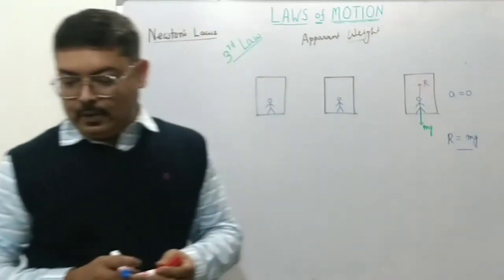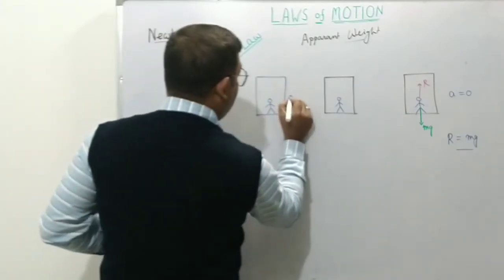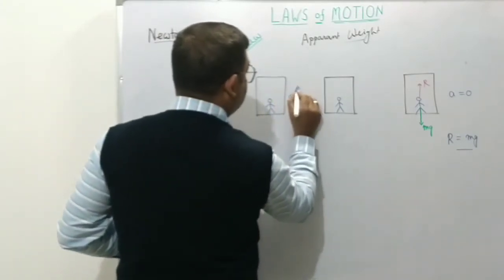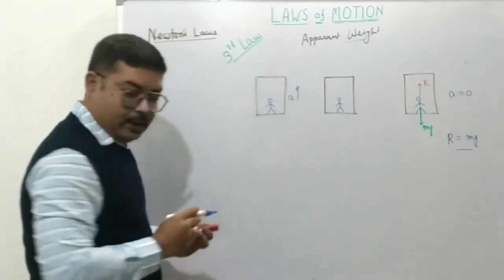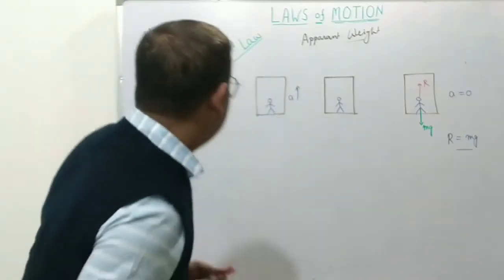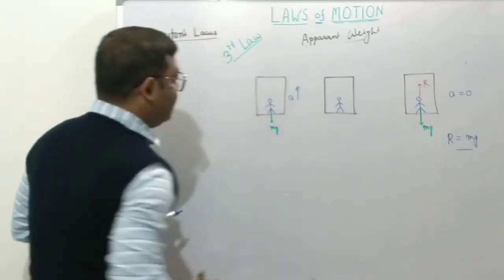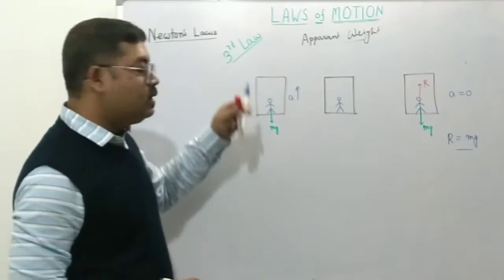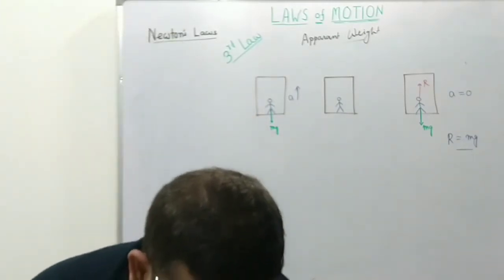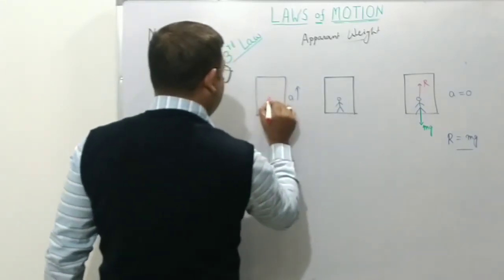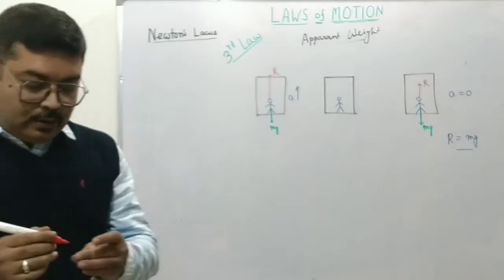Now what if the whole setup is moving with an acceleration a upwards? Even then, the weight of the man will still be m into g. However, since it's moving upwards, there should be a net upward force. That net upward force will be in this direction, and that will be the reaction force now.